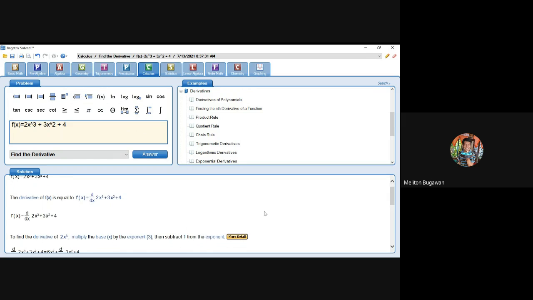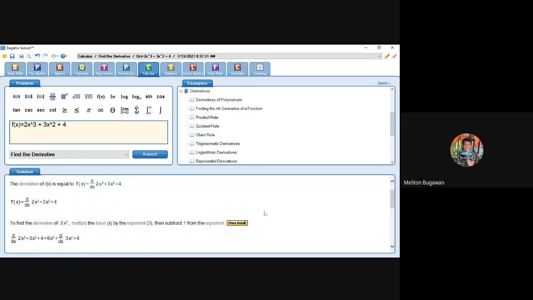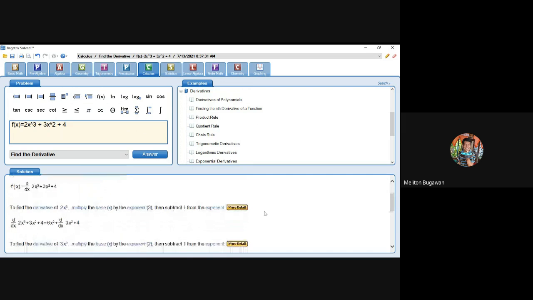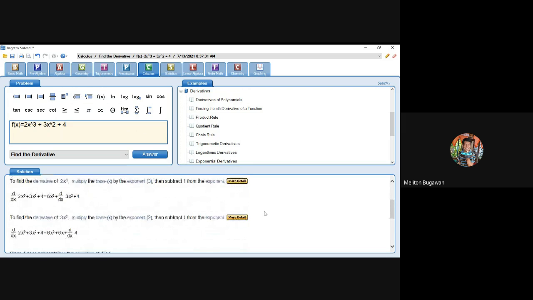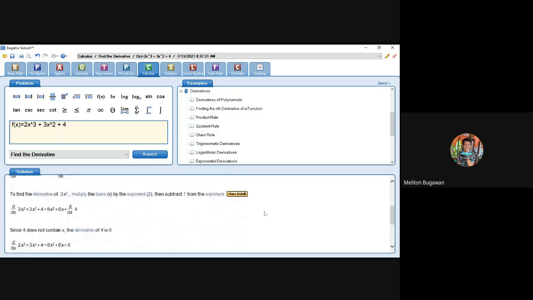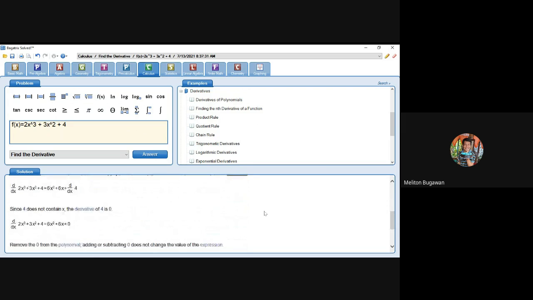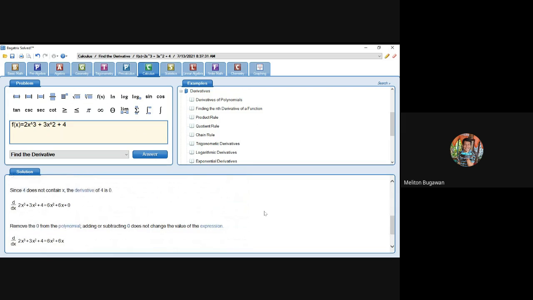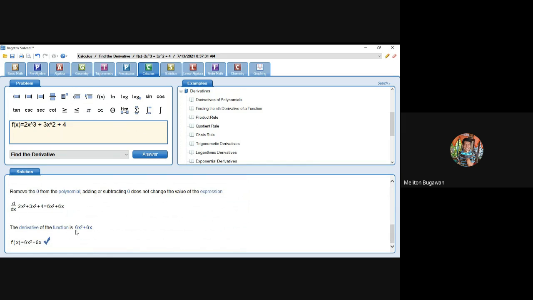As you notice, we have the complete details of the solution. This application will give you the complete data of the concept and provide you the answer of the problem. So the derivative of f of x is 6x squared plus 6x.